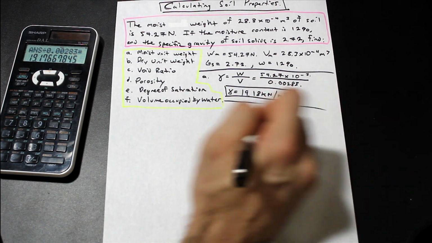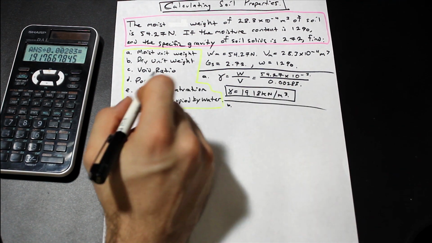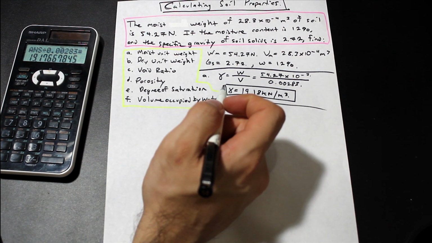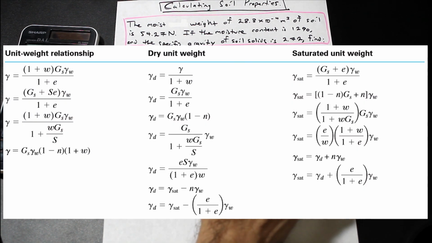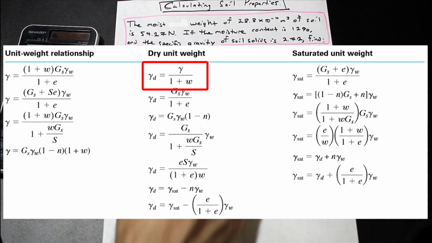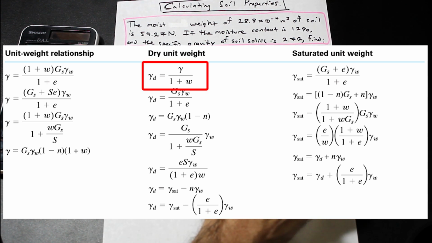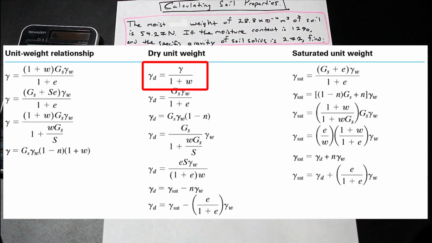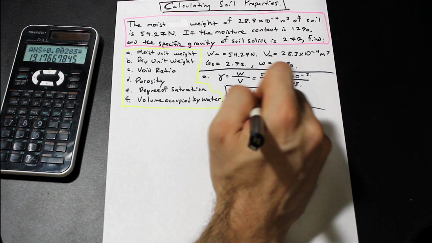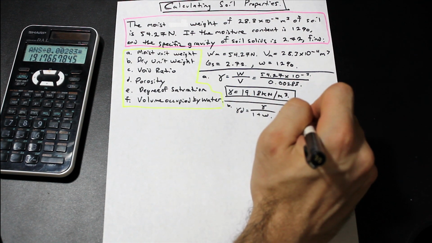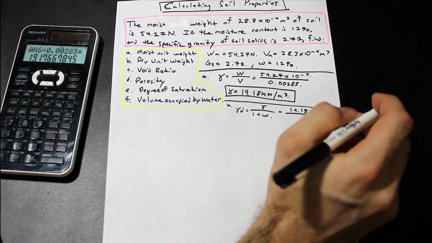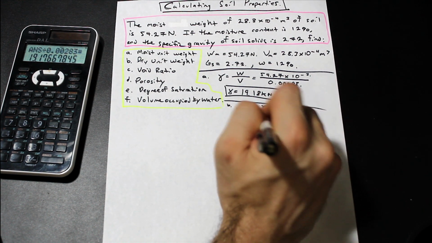Let's go to B, and now we're asked to find the dry unit weight. I'm going to put the formula up on the screen. This is one that you're going to want to remember. The dry unit weight is equal to gamma divided by 1 plus the water content. This comes up all the time in this course, and I highly suggest that you remember this formula because it does come in handy. Let's make sure we're getting our units right. We have our moist unit weight here, 19.18, divided by 1 plus our water content.